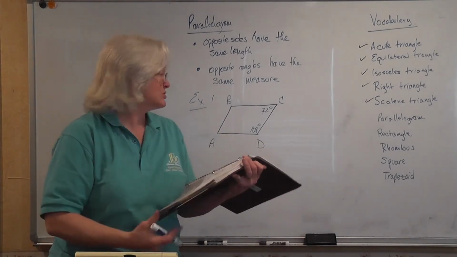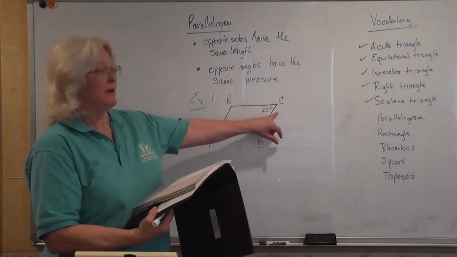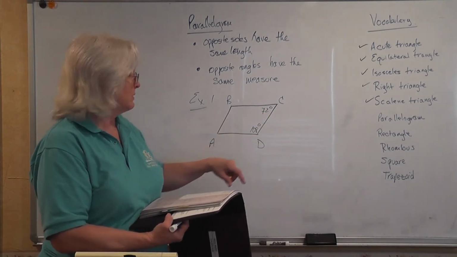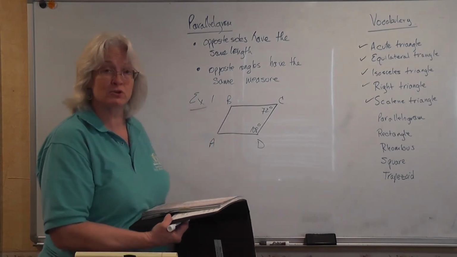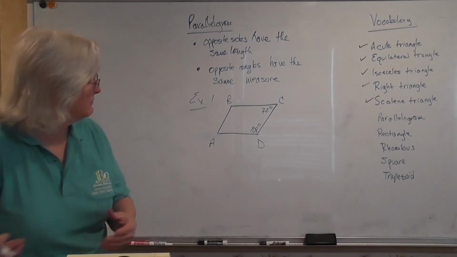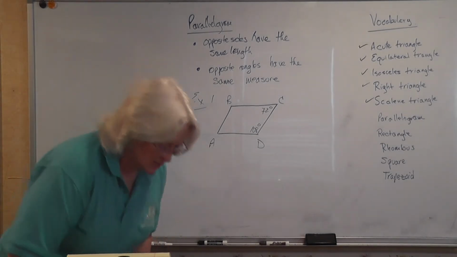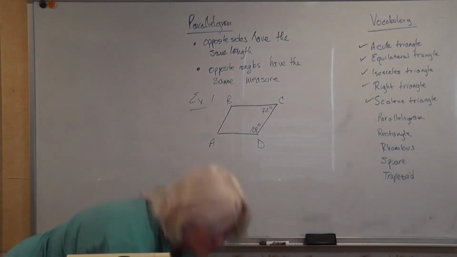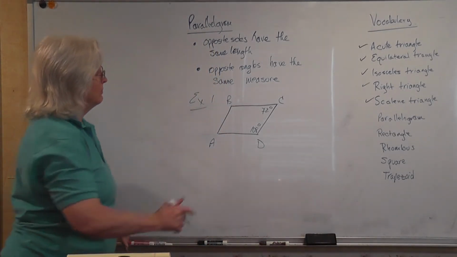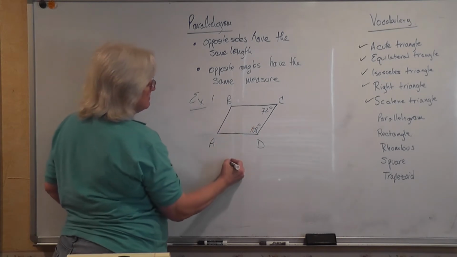Now, the question here: the measure of angle C is 72. The measure of angle D is 108. They want us to determine the measures of angles A and B. And do we have to get our protractor out and measure anything? Do we have some big calculation that we have to make? No, we don't. Opposite angles have the same measure.